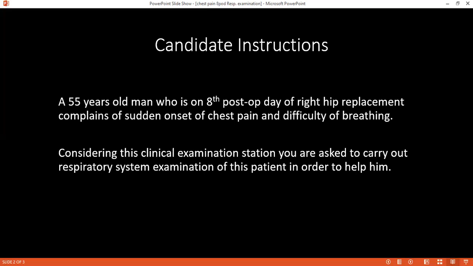So I would like to check on your breathing and your chest movement, and I will listen to your chest, if you wouldn't mind. Okay. All right. I will start by inspecting the patient, expose my patient, and ask my nurse to prepare a fresh NEWS observation chart for me.